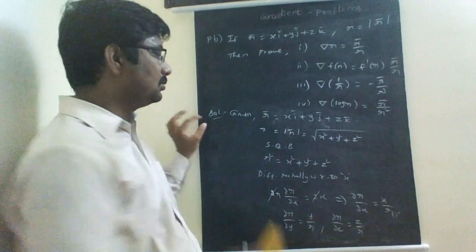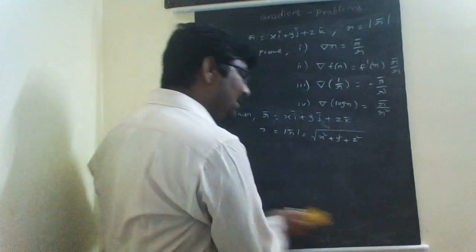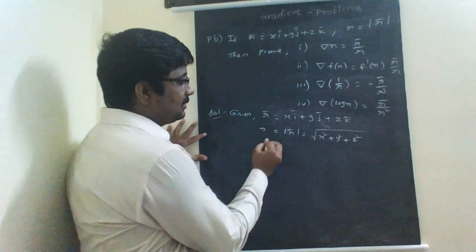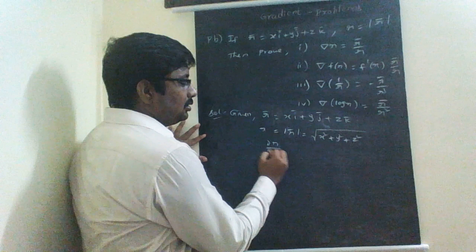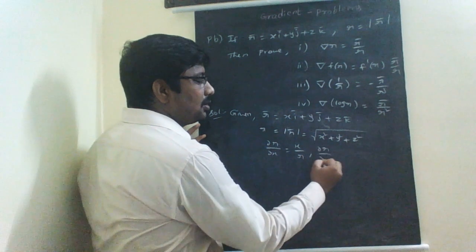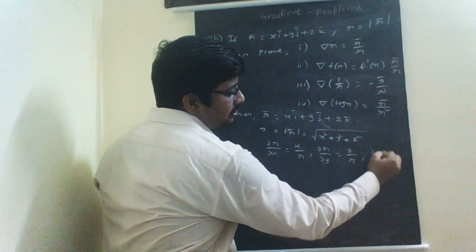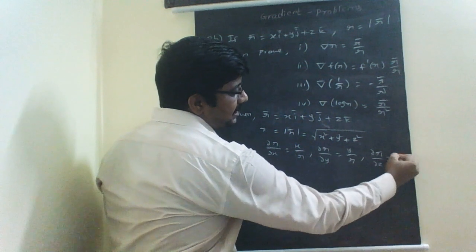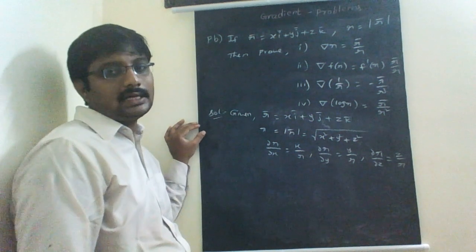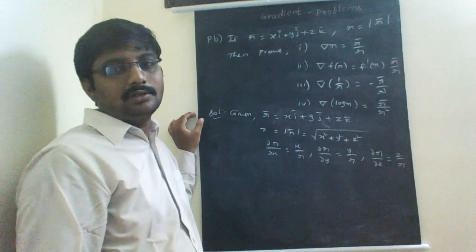So the statement: r bar is xi plus yj plus zk, r is the magnitude root of x square plus y square plus z square, and dou r upon dou x is x by r, dou r upon dou y is y by r, dou r upon dou z is z by r. We have to remember these formulas or values as we do the problems related to vector calculus.